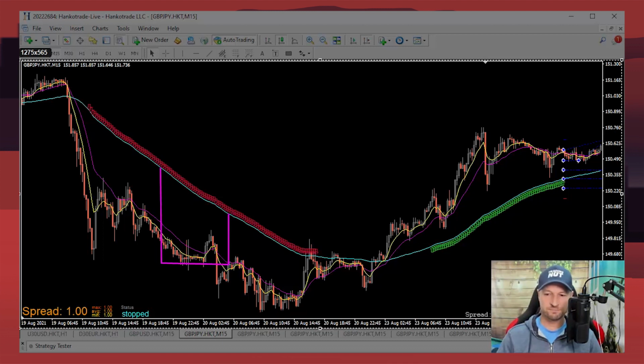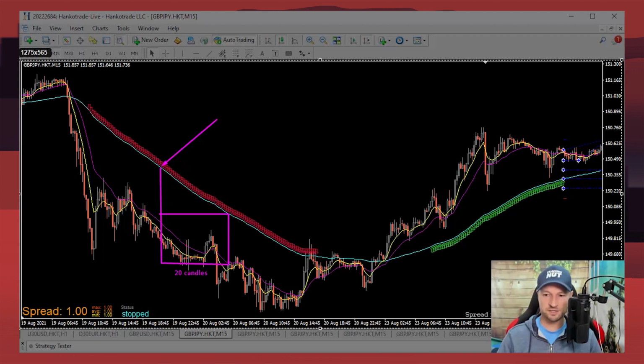Let's just call it 20 candles. So we go back 20 candles, and we want to see the distance between the price level here and the price level at this point here.